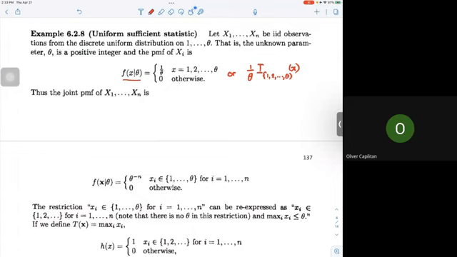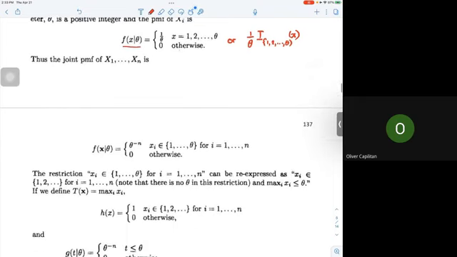We can do it that way. So using the factorization theorem, the joint PDF of this random sample should be equal to the product of f of x sub i given the parameter theta, i from 1 up to n.